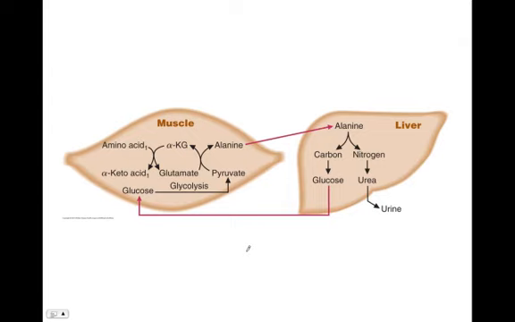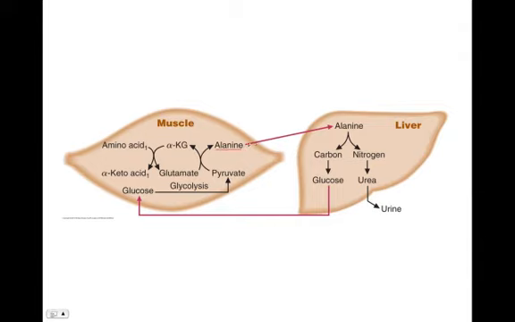So we understand that amino acid degradation and uptake is not just happening in the liver. So there needs to be a mechanism for transporting ammonia in a non-toxic form from peripheral tissues to the liver where the nitrogen can be used to synthesize urea. One of the primary shuttles for doing this is the use of alanine.